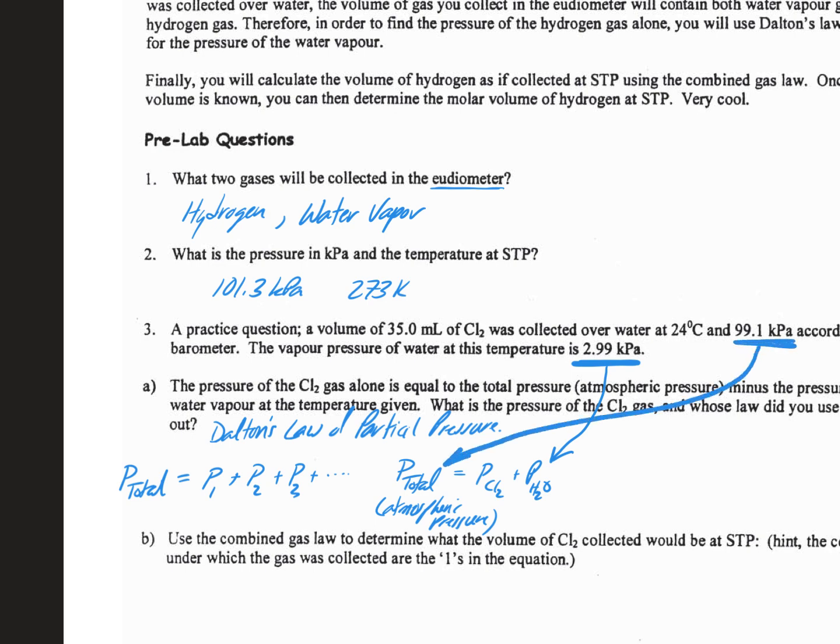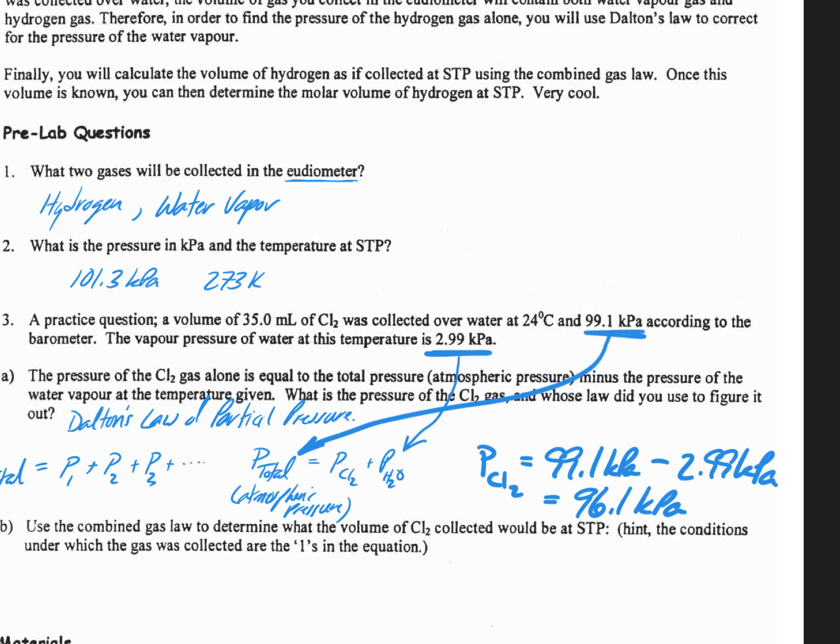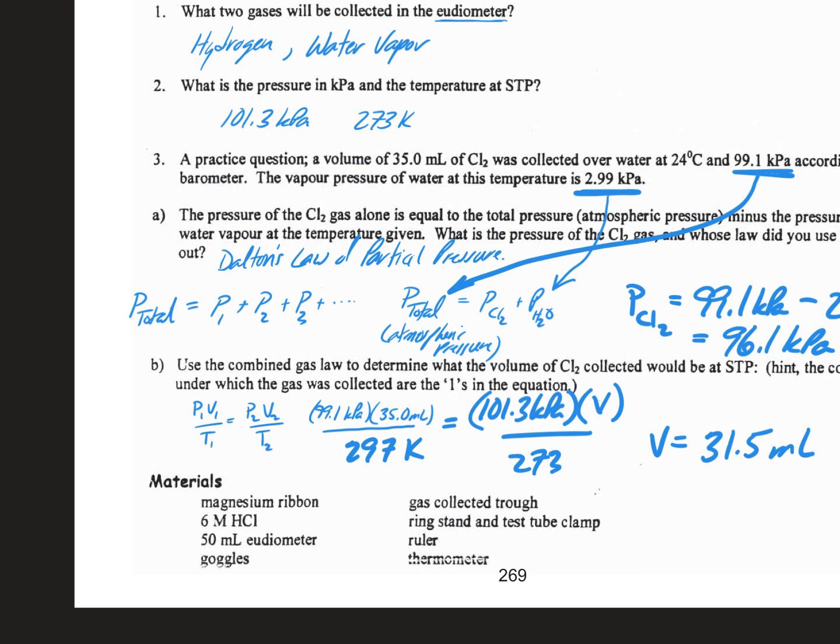Atmospheric pressure is there. Okay, so the pressure of the chlorine is just going to be the difference between the atmospheric pressure and the pressure of the water vapor. I'm just going to calculate that right now. All right, so the pressure of the chlorine in this container is just going to be 96.1 kPa.